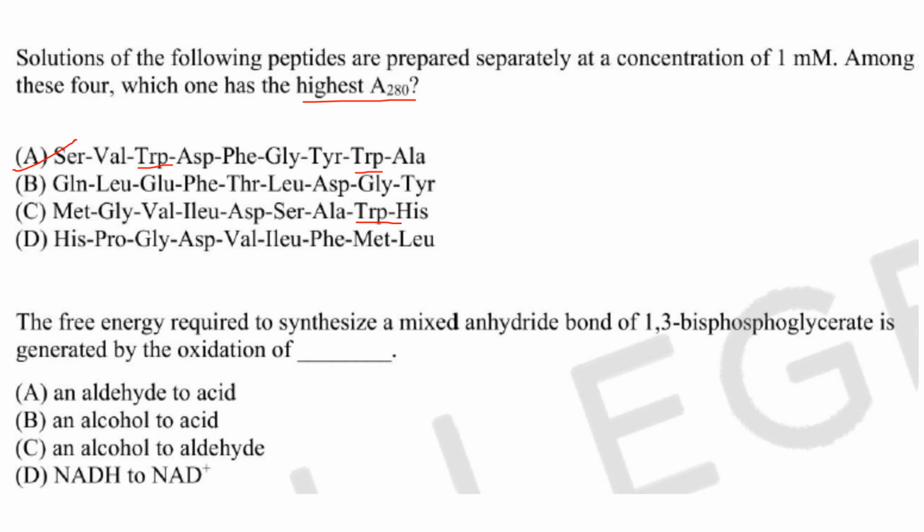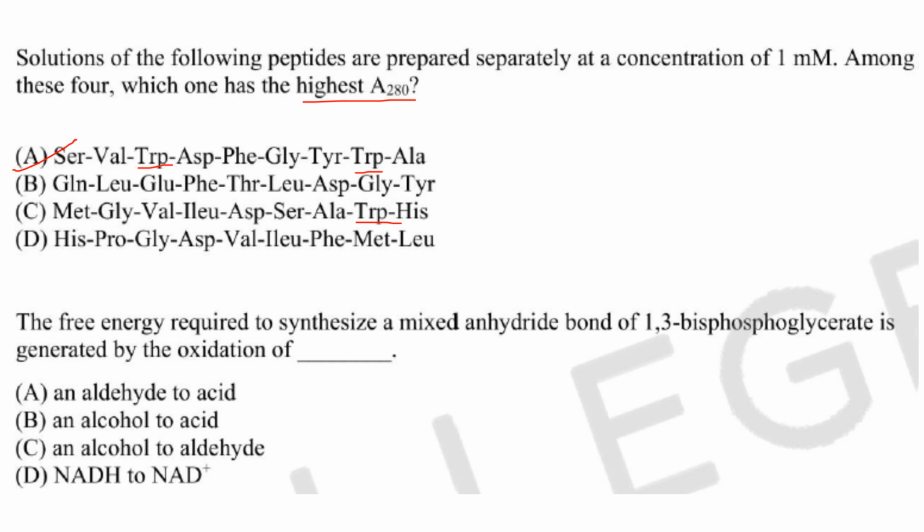Then next one. The free energy required to synthesize a mixed anhydride bond of 1,3-bisphosphoglycerate is generated by the oxidation of... So if you remember your glycolysis, 1,3-bisphosphoglycerate is formed from glyceraldehyde 3-phosphate plus NAD+ plus Pi, giving 1,3-bisphosphoglycerate plus NADH plus H+, and it is catalyzed by the enzyme glyceraldehyde 3-phosphate dehydrogenase.